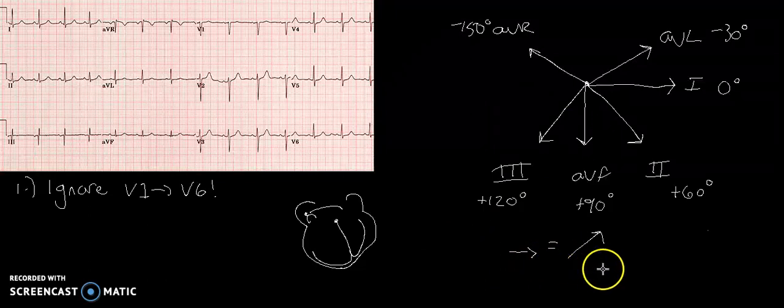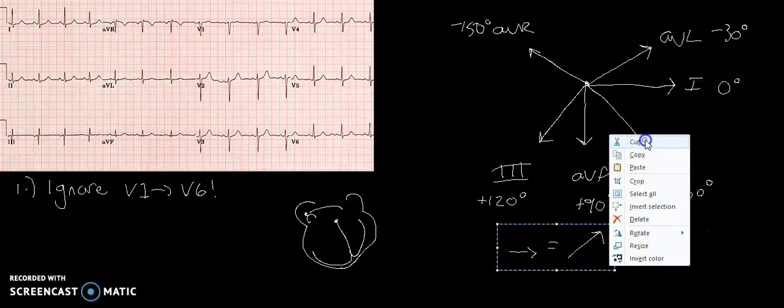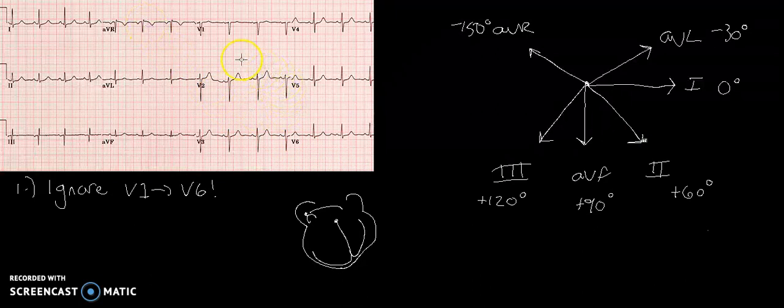Okay, so on our ECG, we need to look for a couple of things. Like I said, we've got rules that we've got to follow. So the first one is to ignore V1 to V6. The second one is we've got to find an isoelectric lead. Now an isoelectric lead is one that has an equal QRS complex, positive and negative. For the uninitiated, an ECG will look something like this.